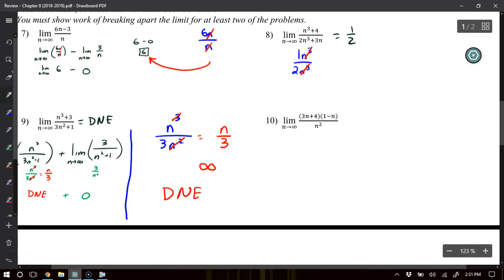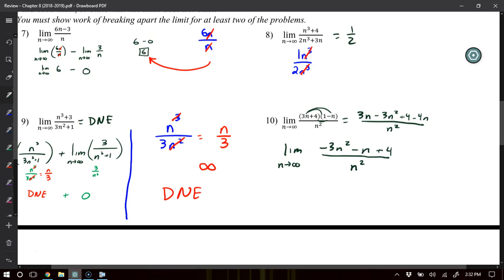The third one, the last one here, number 10, I have to be a little bit careful. I have to distribute out. So I have 3n minus 3n squared plus 4 minus 4n over n squared. So really I have the limit as n approaches infinity of negative 3n squared minus n plus 4 over n squared.